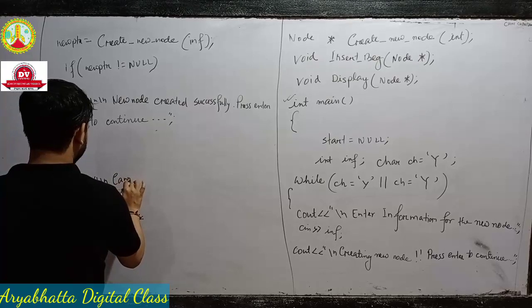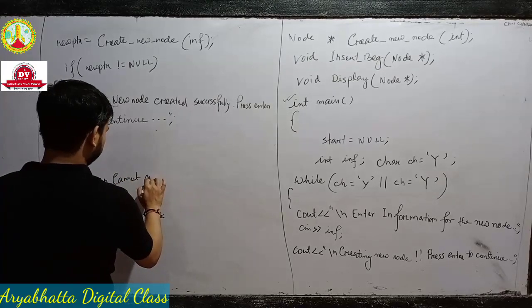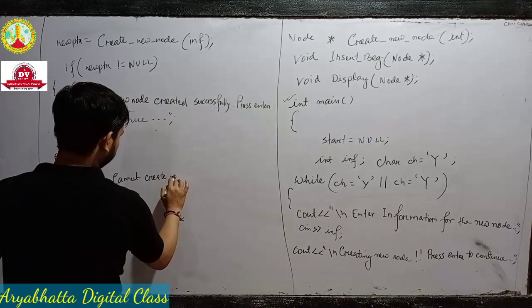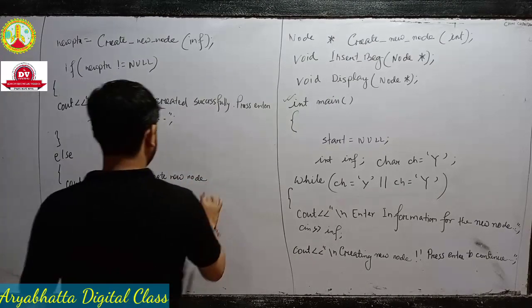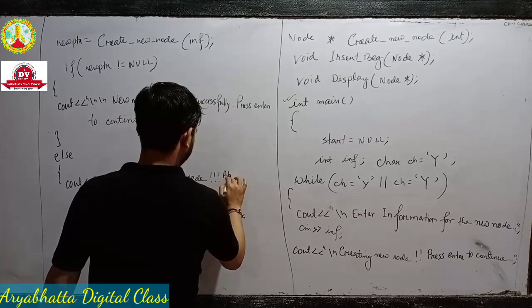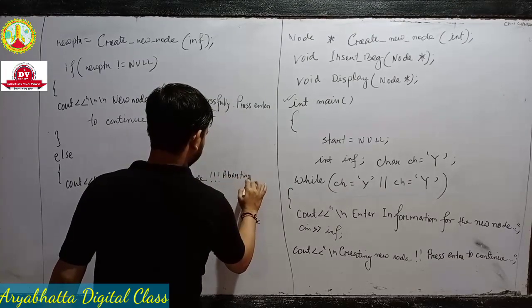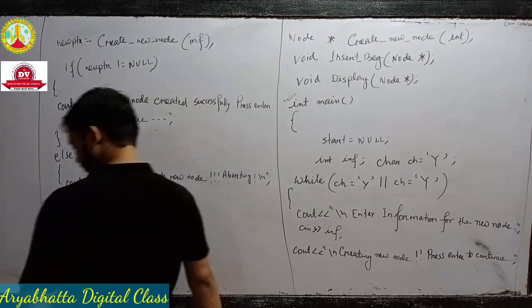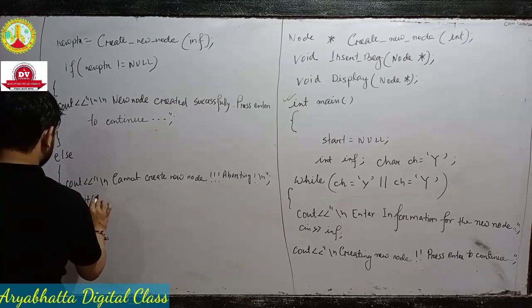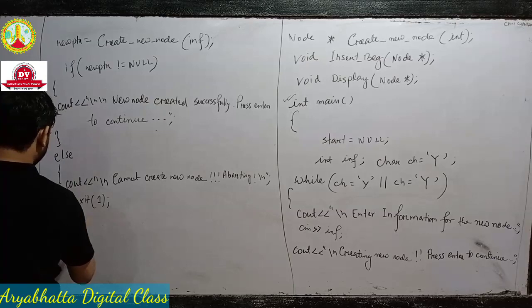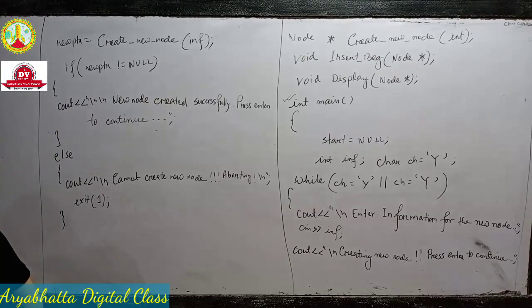Means if it is null, I already told you, cannot create new node. Aborting means exit 1. That's why we use process.h header file.